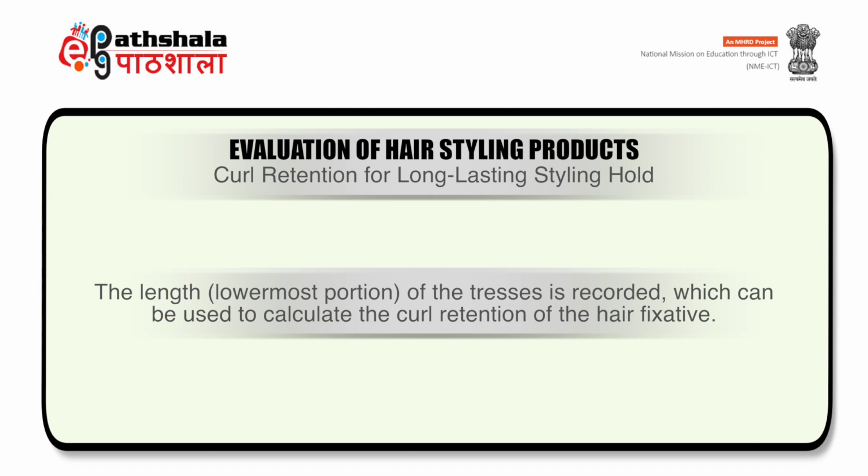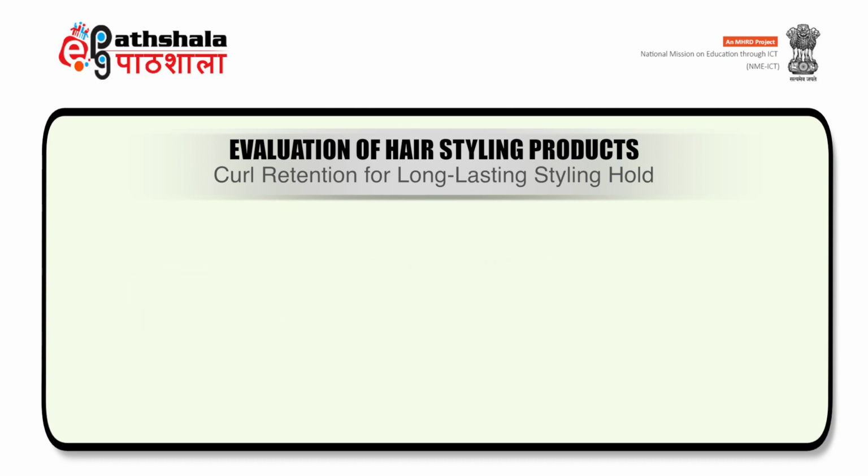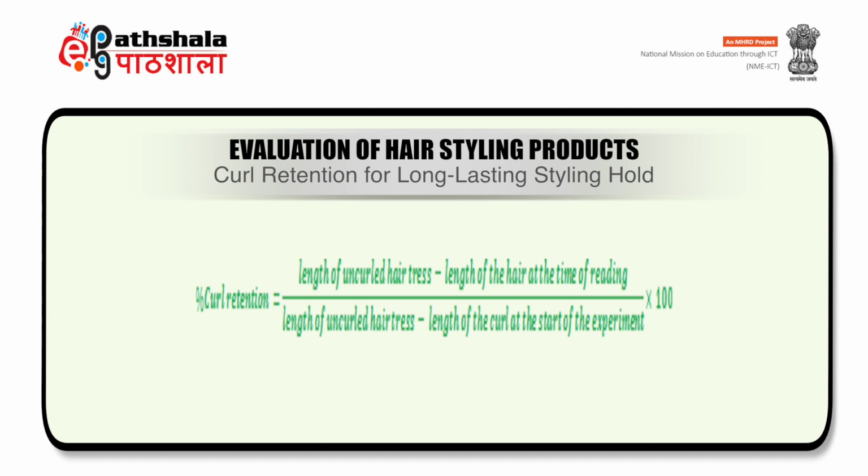The length of the lowermost portion of the traces is recorded, which can be used to calculate the curl retention of the hair fixative. Percentage curl retention equals length of uncurled hair trace minus length of the hair at the time of reading, upon length of uncurled hair trace minus length of the curl at the start of the experiment, into 100.